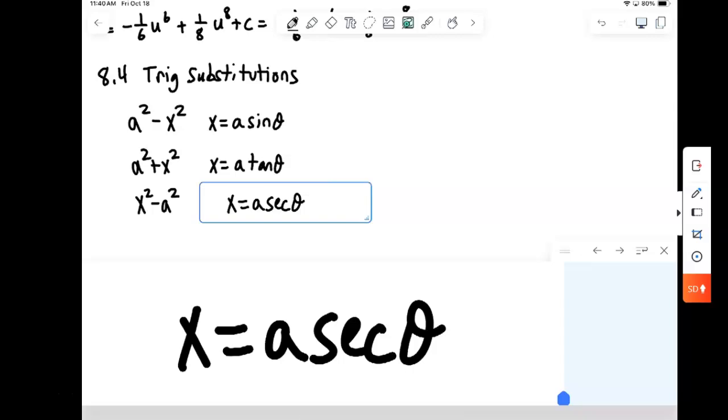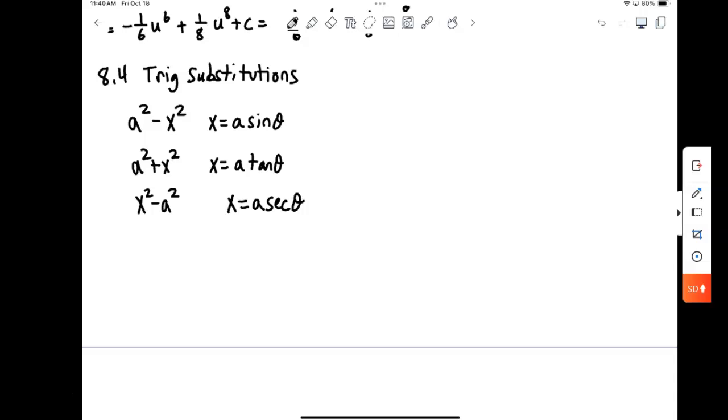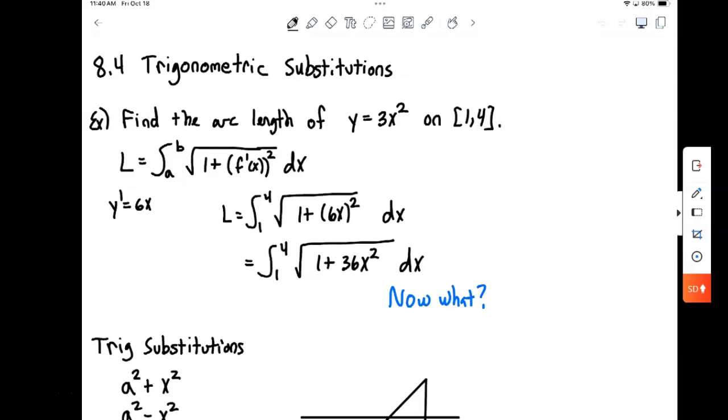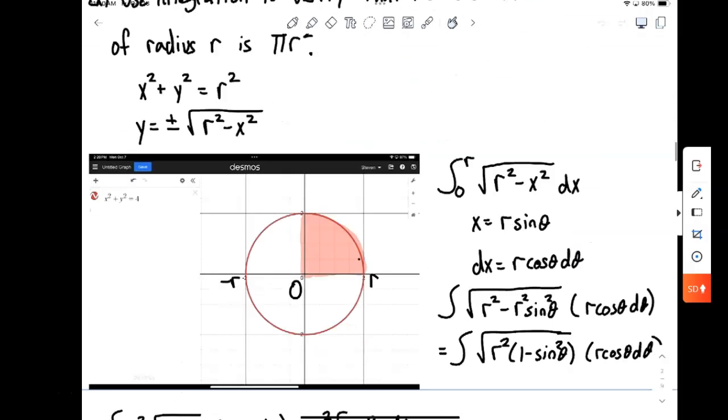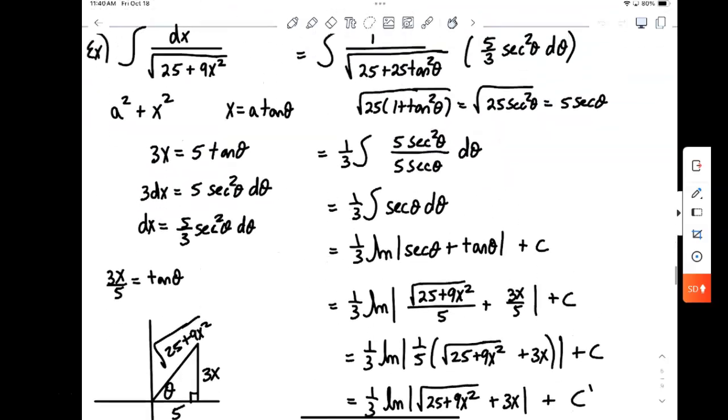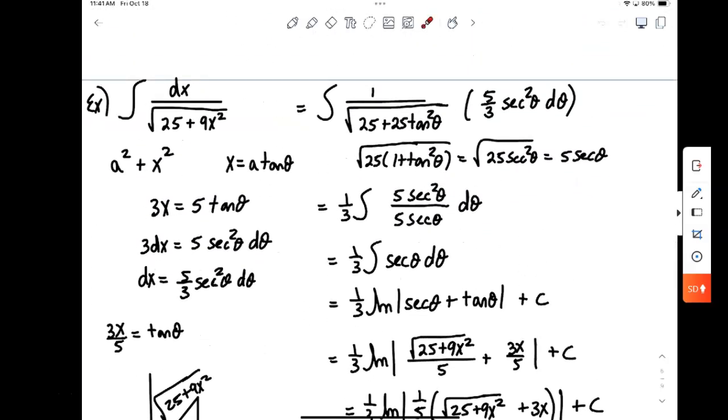So you can expect to see some integrals where you're going to need to do those substitutions and then do some work after that, as we came across in 8.4, when we dealt with problems out of 8.4. All right, you can go through, here was one where we eventually used our tangent, and we then had to work out an integral of secant.